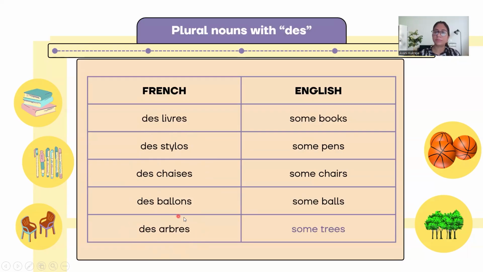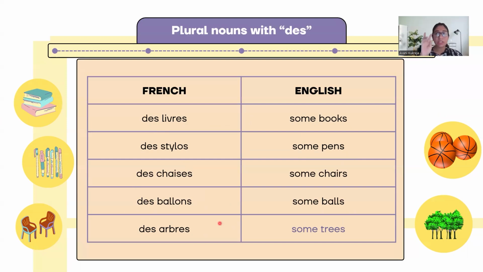Des arbres. Okay. Once again. Des livres. Des stylos. Des chaises. Des ballons. Des arbres.